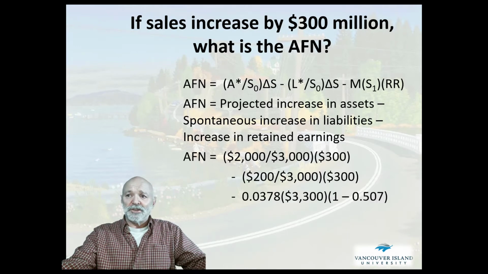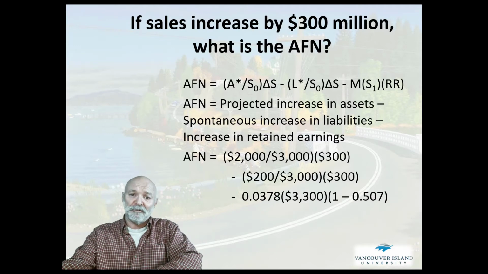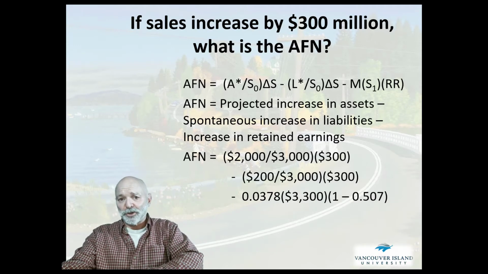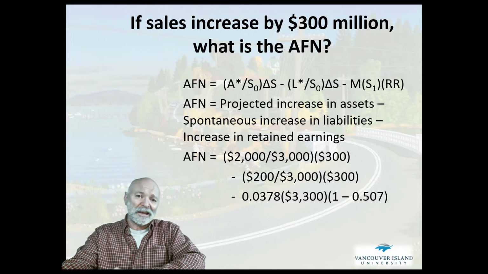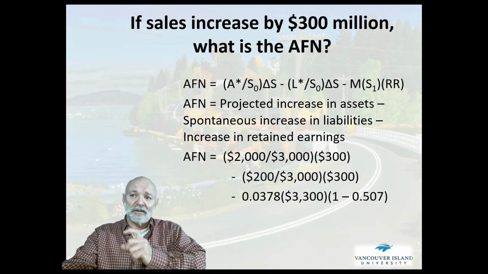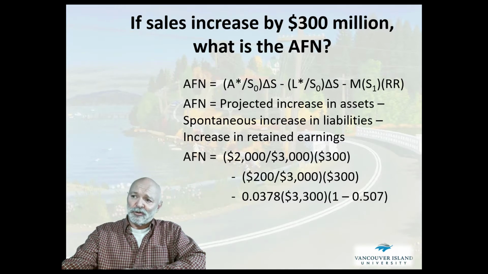The third thing that we need to know, how much of this will be paid from profits? Now, our profit margin is 3.78%, close to 4%. And we're predicting next year we're going to do $3.3 million in sales. So about 4% times $3.3 million gives us the profit that we're going to make from those total sales. And then our dividend rate was about 50%, 50.7%. So 1 minus 50.7 gives us the retention ratio.